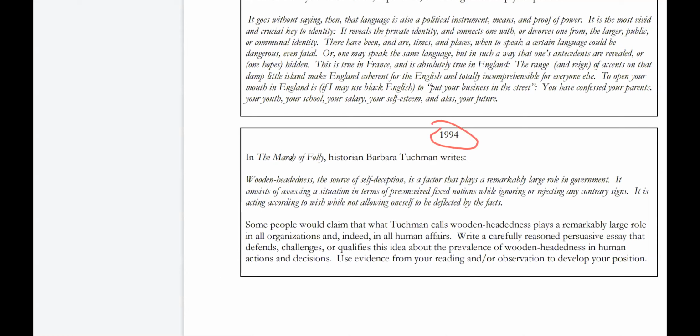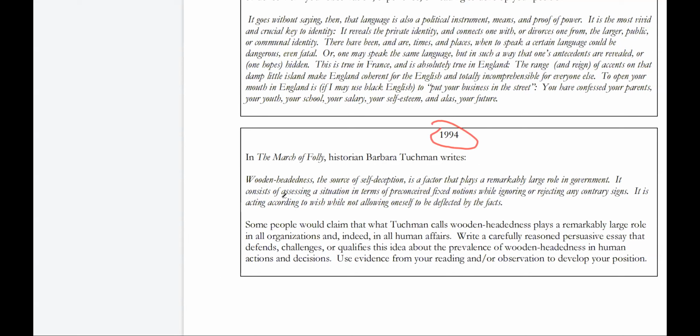So in The March of Folly, historian Barbara Tuchman writes, "Wooden-headedness, the source of self-deception, is a factor that plays a remarkably large role in government. Very ironic.